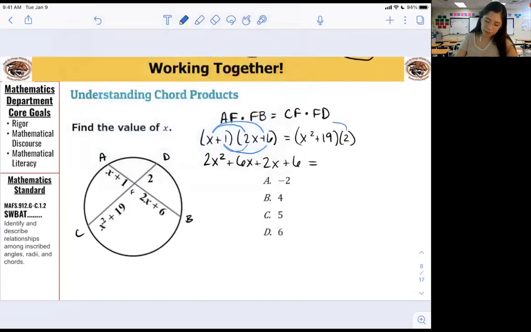Kind of backwards, but it's still distribution. 2 times x squared, I get 2x squared. 2 times 19, what is that, 38? 38. Okay, so what do you guys notice that's different about this problem? Actually, yeah, let me combine like terms and then we'll talk about it. So I'm going to combine these two, 6x and 2x. I'm running out of space, so I'll do it down here. 6 plus 2 gives me 8.